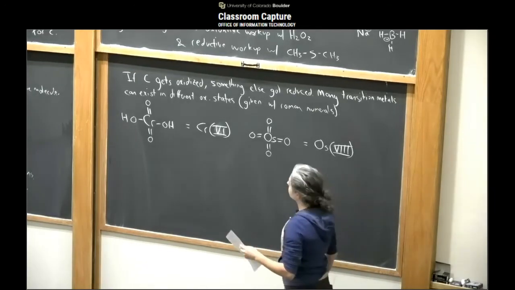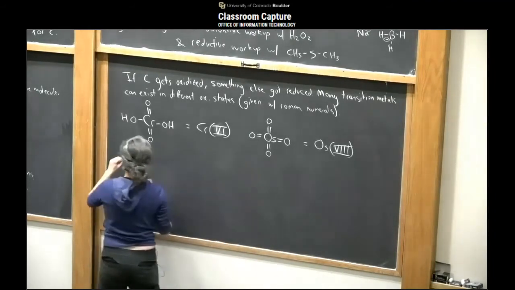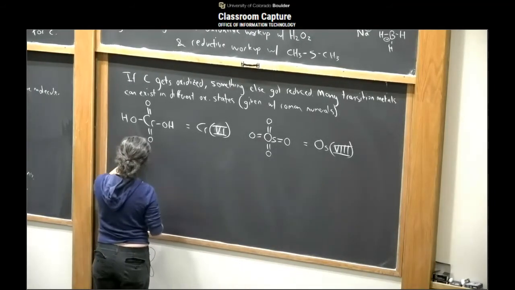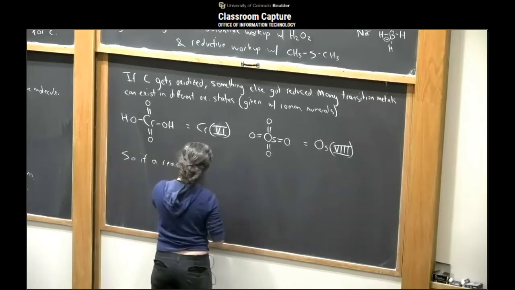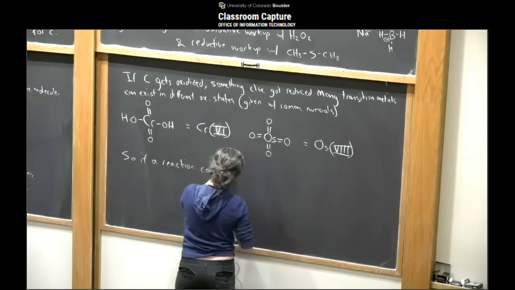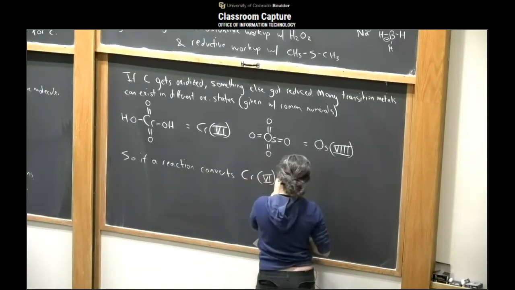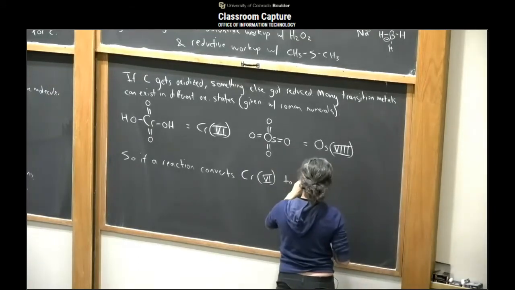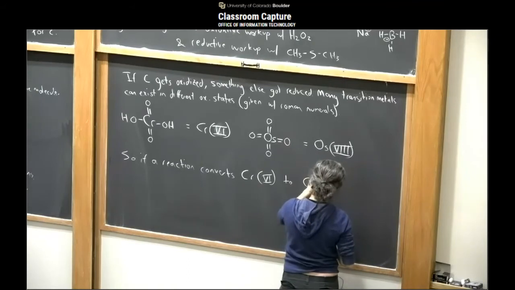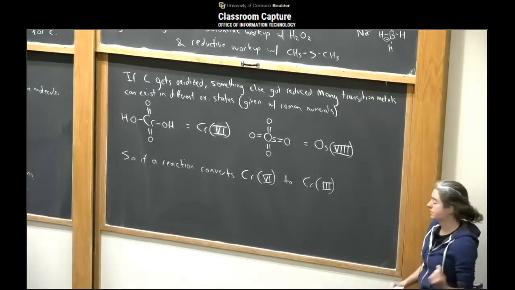So if we go into a reaction with chromium 6, and it turns it into, say, chromium 3, that means that chromium got reduced during the reaction.